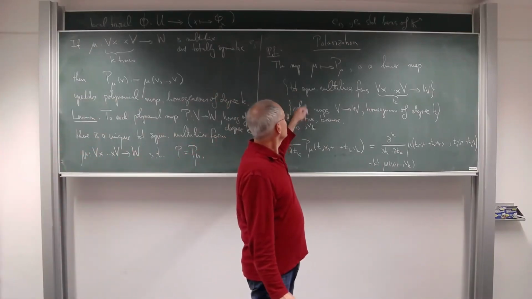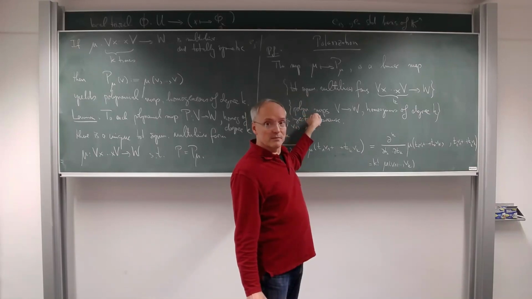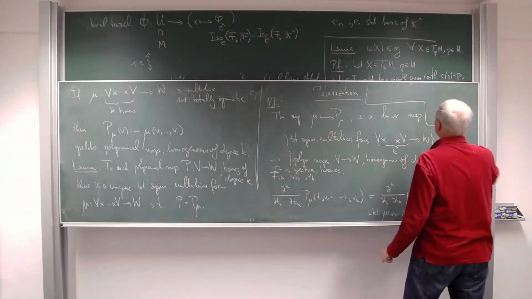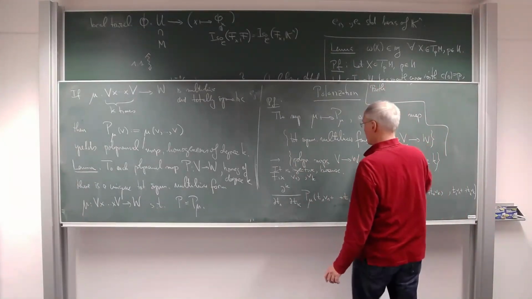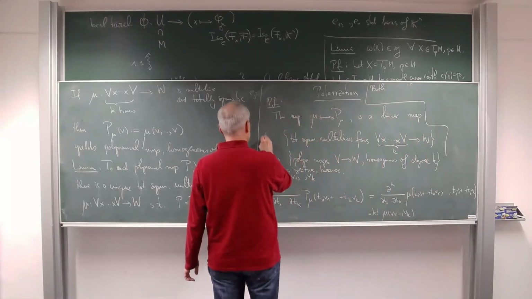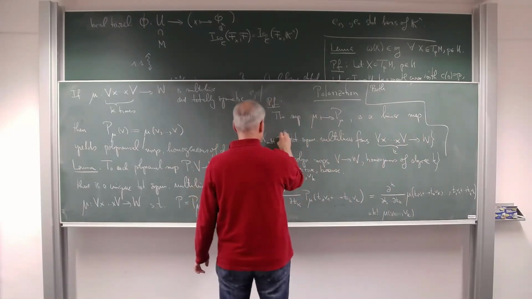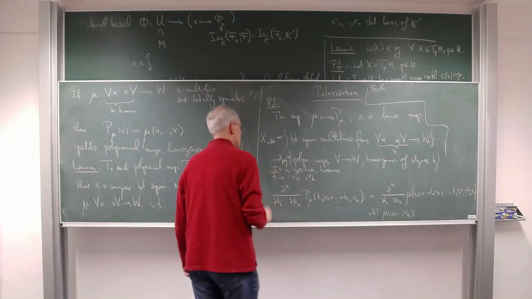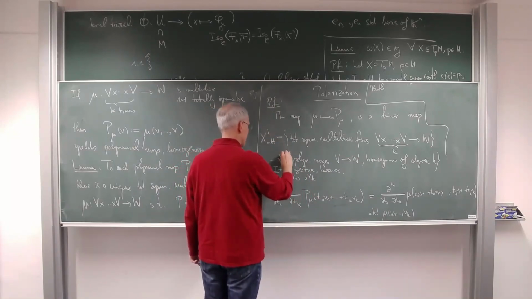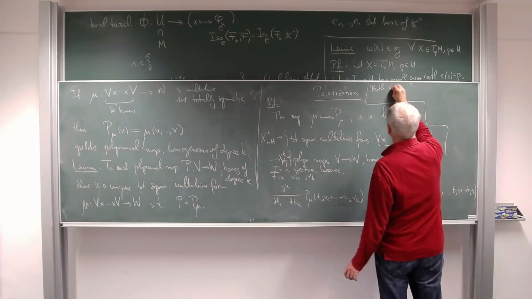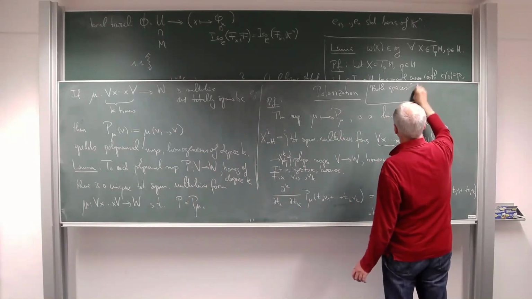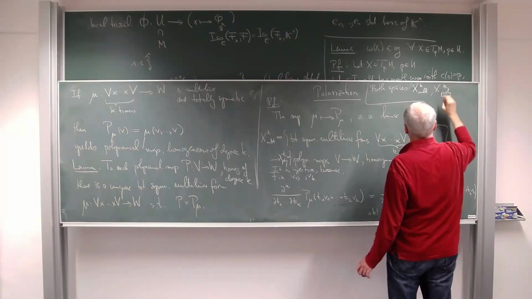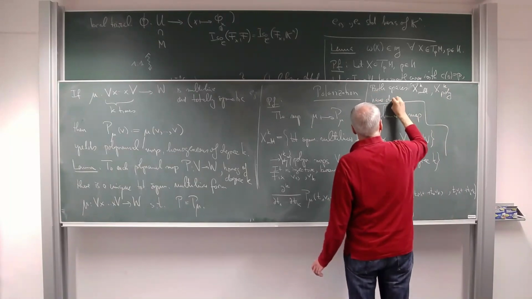And now, in order to see that it's actually an isomorphism, you can count dimensions. If I call this the space of totally symmetric multilinear forms, and this the space of polynomials homogeneous of degree k, then both spaces have the same dimension. What's the dimension?